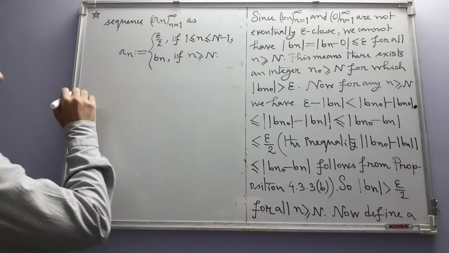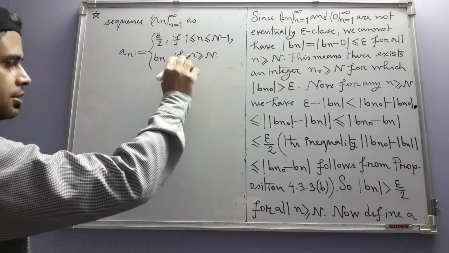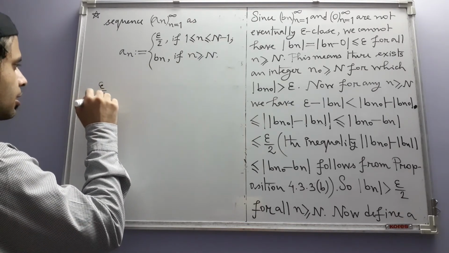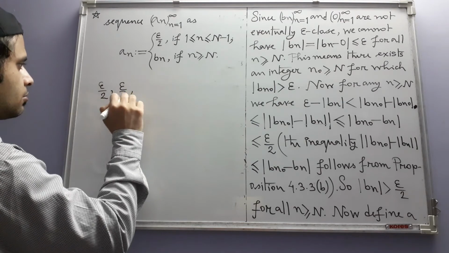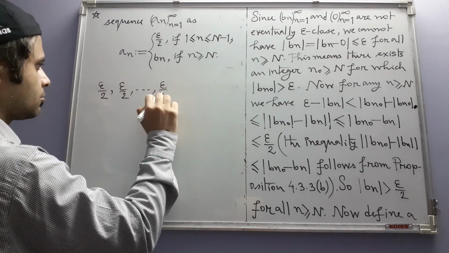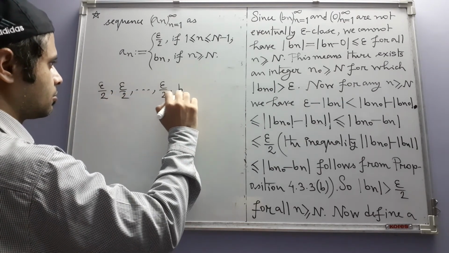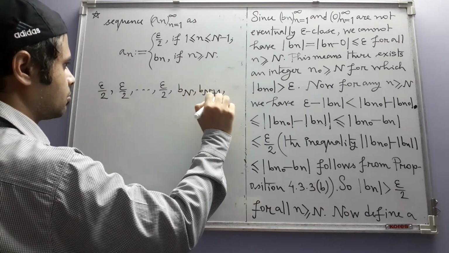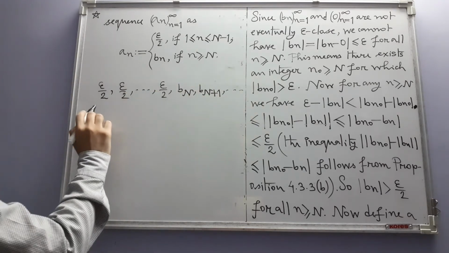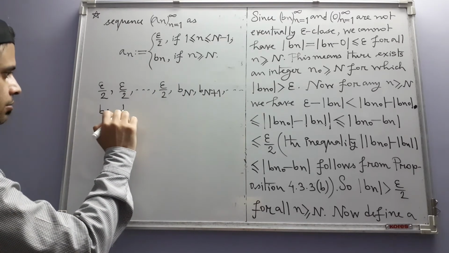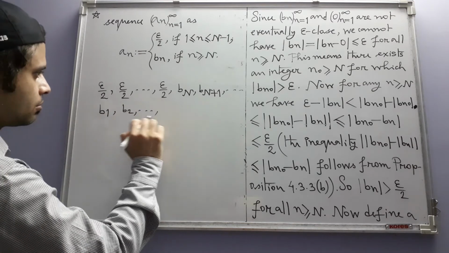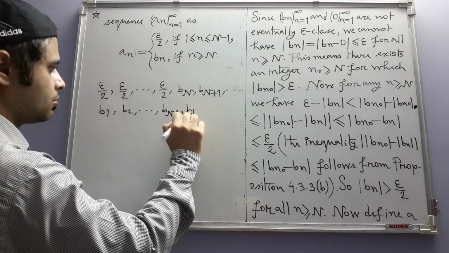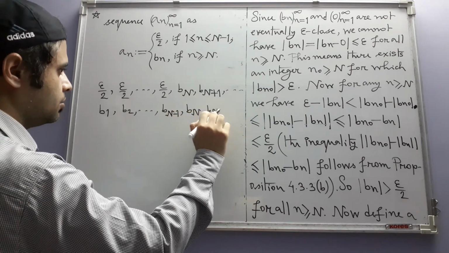That is, if you write the terms of the sequence an in that order, then it will look like this. However, if you write the terms of bn, these are the terms of bn.